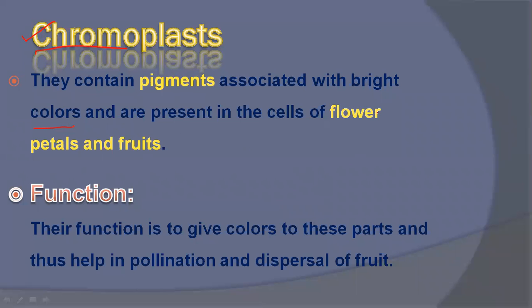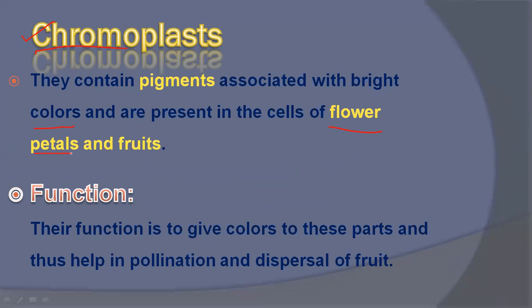Definitely in the flowers and some of the fruits also. So these chromoplasts are pigment containing bodies which are present in the bright colored parts of the plant. Those are flowers and some fruits and some different colors of vegetables also.